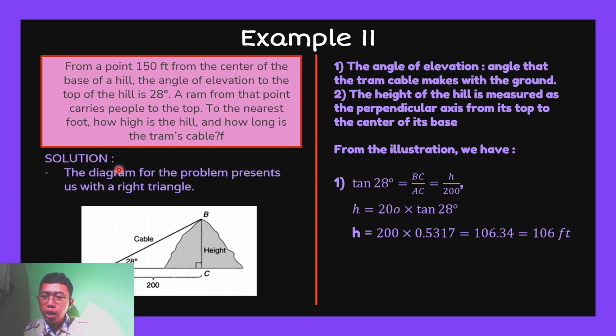The solution: the diagram from the problem presents us with a right triangle. The height is the height of the hill. AC is the distance from the point to the center of the base of the hill, which is 200, and the angle of elevation to the top of the hill is 28 degrees.